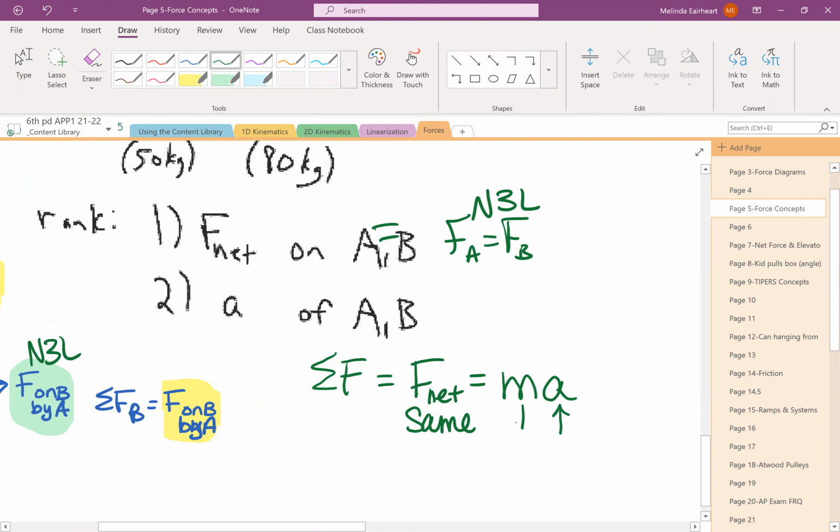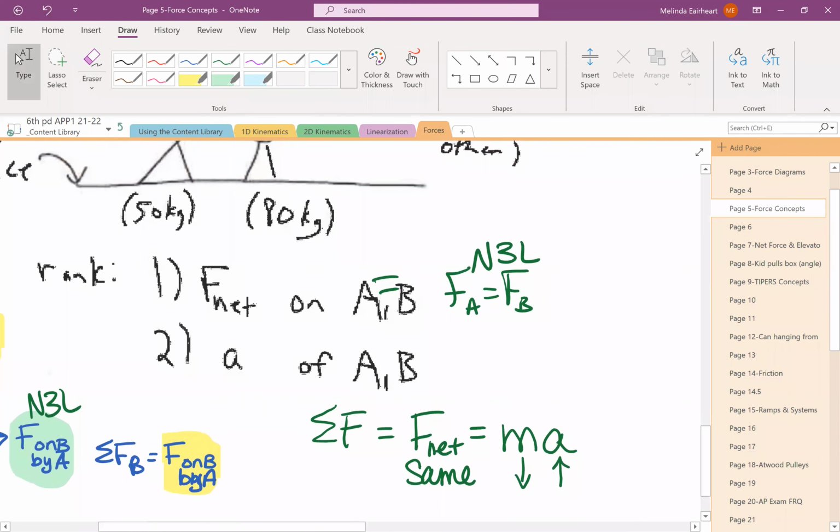The smaller mass. Remember, Newton's second law is about the relationships of the variables, and that's an inverse relationship. So who's going to have a greater acceleration, person A or person B? A. So the acceleration of A is going to be greater than the acceleration of B, because of the inverse relationship with the mass, because they have equal net force.